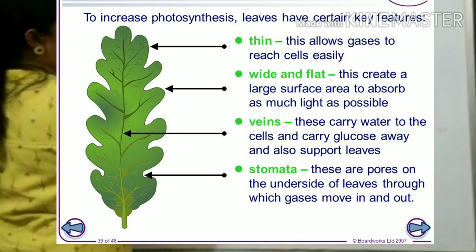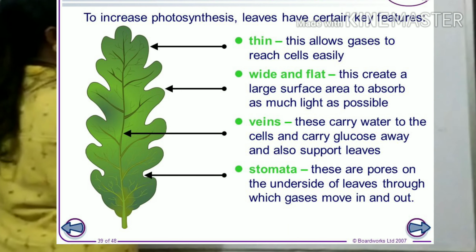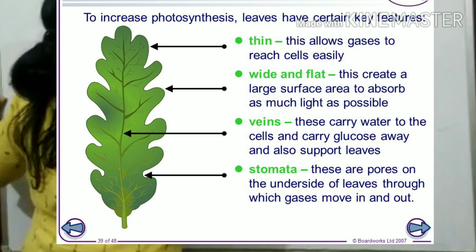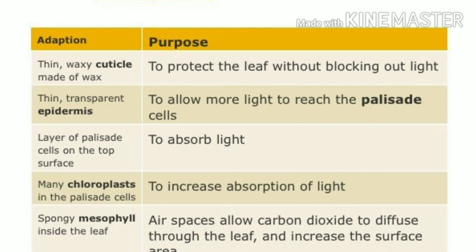Now let's understand how the leaf is adapted for photosynthesis. Number one, leaf adaptation for photosynthesis. Let's understand one by one.